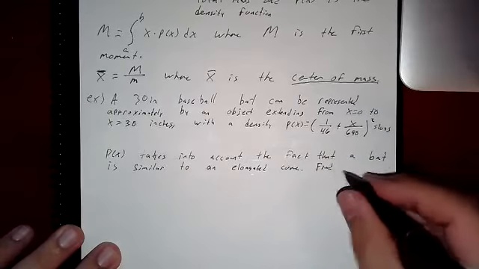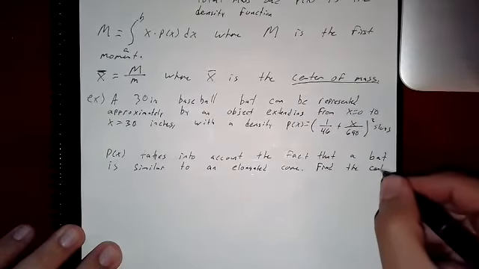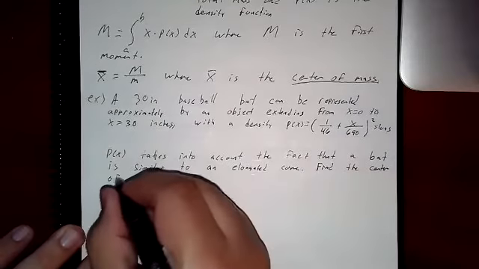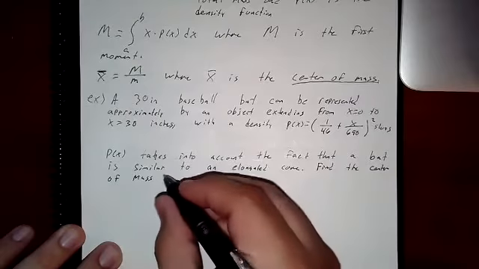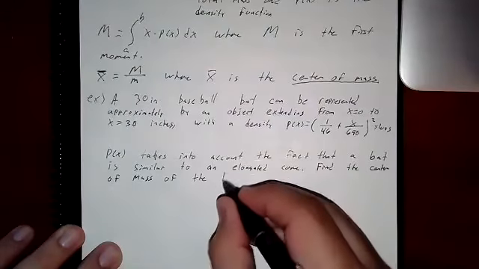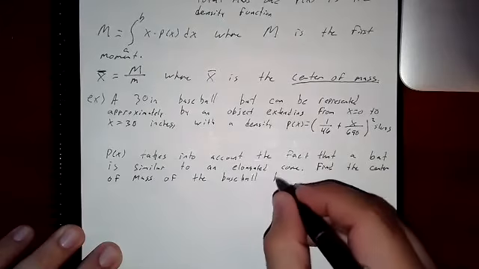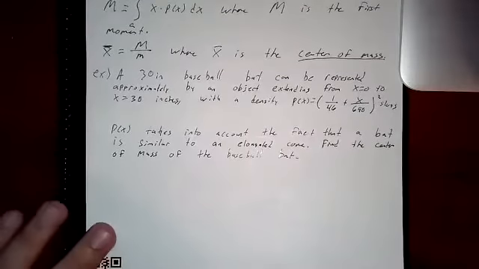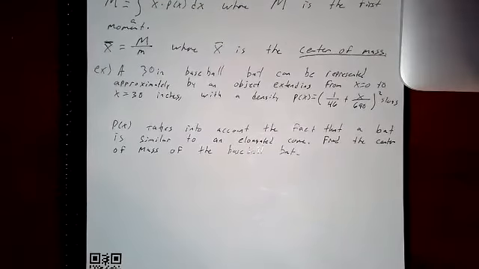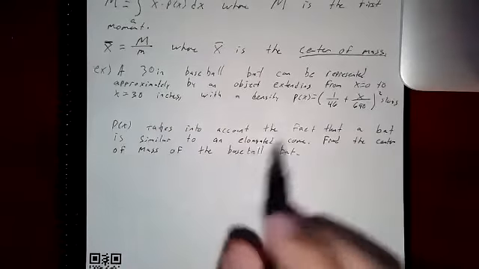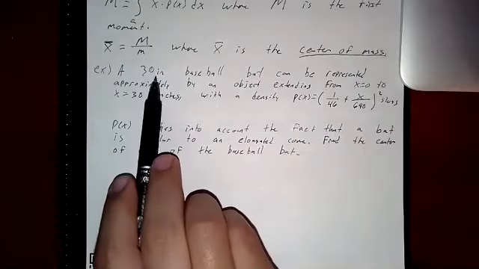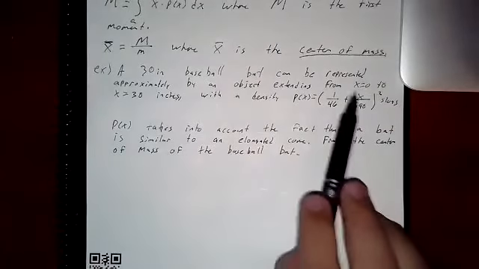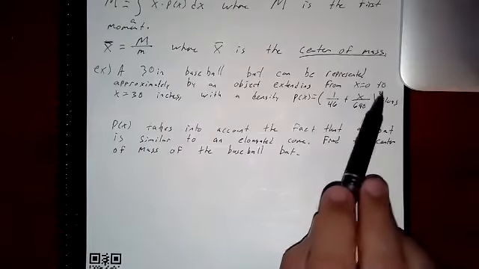Find the center of mass of the baseball bat. All right. I'm going to give you as much information as possible since it's the first one. Since the bat is 30 inches long, that's where they came up with the object going from 0 to 30.